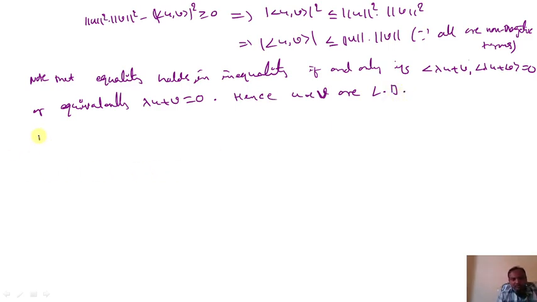Moreover, linearly dependent means ⟨0, v⟩ = 0, that is ⟨λu+v, v⟩ = 0.